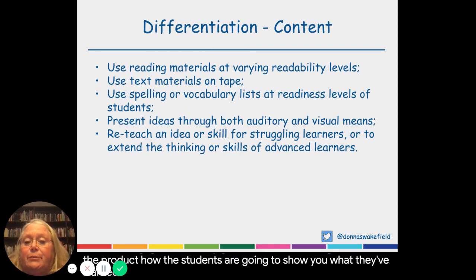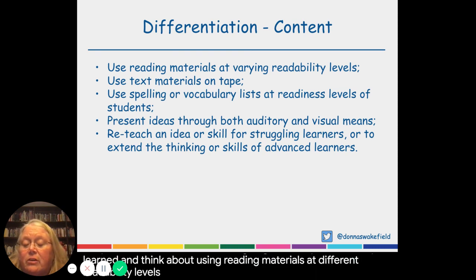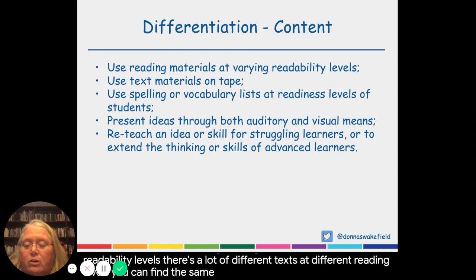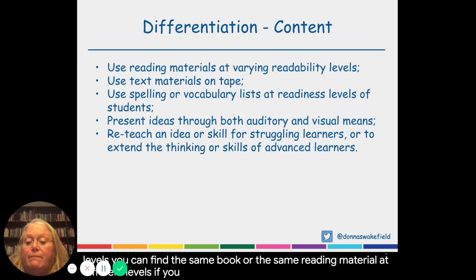Differentiating for content, think about using reading materials at different readability levels. There are a lot of different texts at different reading levels. You can find the same book or the same reading material at different levels. If you can't find it, go ahead and adapt it.